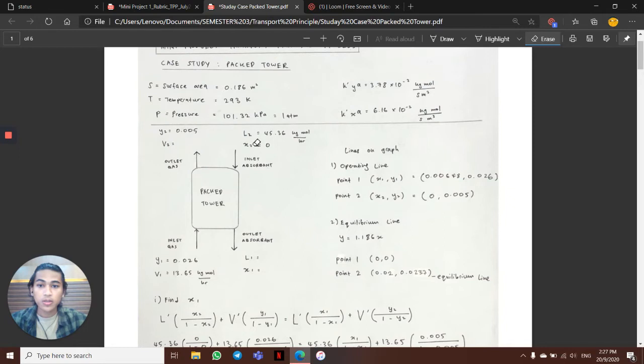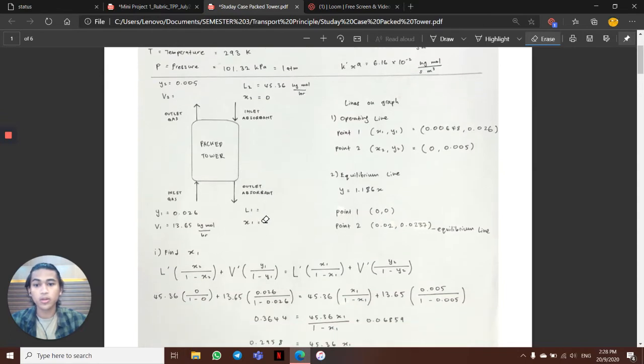The inlet absorbent is L2 equals 45.36 kilogram mole per hour and X2 is 0. Meanwhile, for the outlet absorbent, both L1 and X1 we have to find for the next calculation.